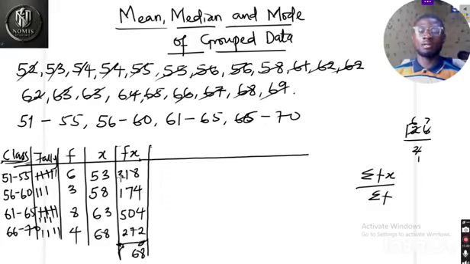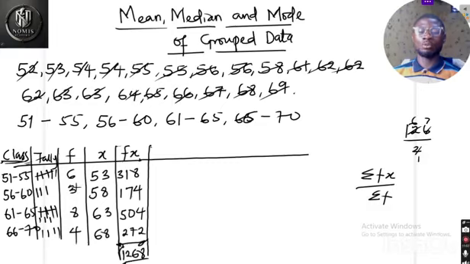So remainder 1. 3 plus 1 is 4. 4 plus 5 is 9. And 9 plus 2 is 11. And then 11 plus the 1 we kept is 12. So we have 1268 as the summation fx.